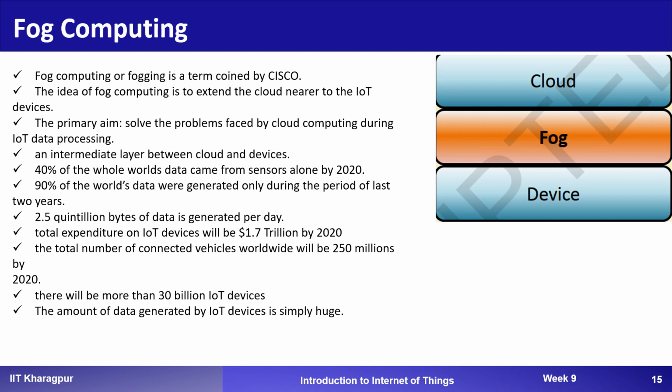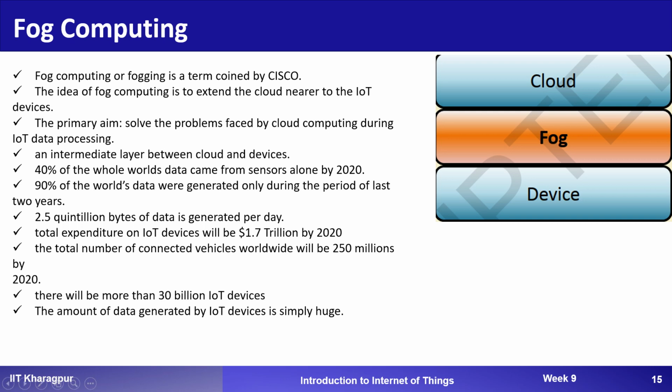The example is the same: I am the end user, some sub-server is placed at Kharagpur, that is the intermediate layer, and the main server which is present in USA will be the cloud. Then, 40% of the whole world's data came from sensors alone by 2020, and 90% of the world's data was generated only during the last 2 years. So this is the data of 2020.